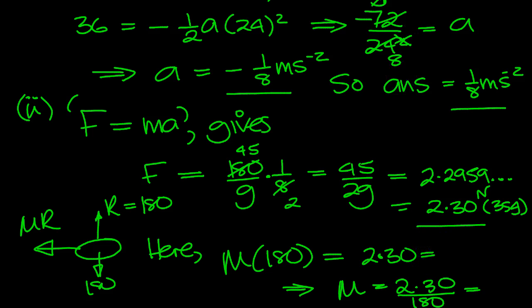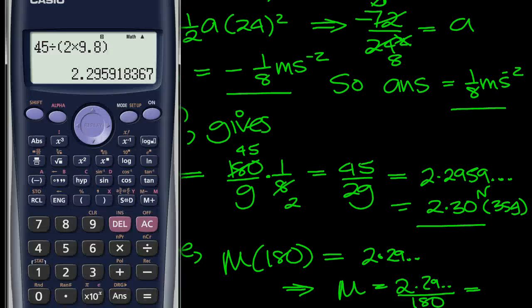So maybe I should put that, so let's just change that to 2.295 here and here. So divided by 180 then. Here it is, divided by 180 equals 0.0127.